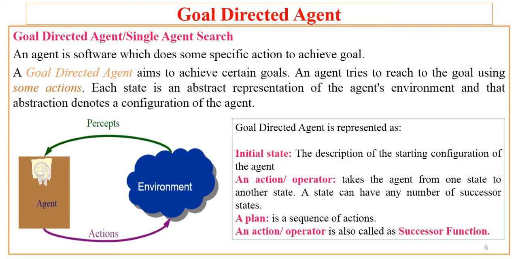So we have already seen what state space search is and how it is represented, and some other relevant terminologies. Let us now try to understand the goal directed agent. It is also called a single agent search. Now what is an agent? An agent is a software program which does some specific actions to achieve a goal.